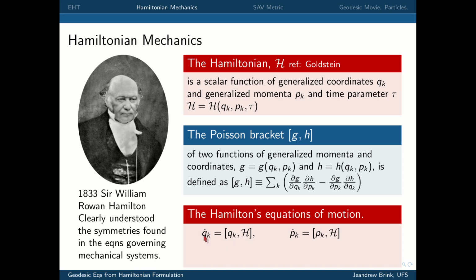So you had q dot of k for all the possible generalized coordinates is simply equal to the commutator, or the Poisson bracket, of qk with h, and similarly p dot is simply equal to pk commuted, or Poisson bracket, with h.